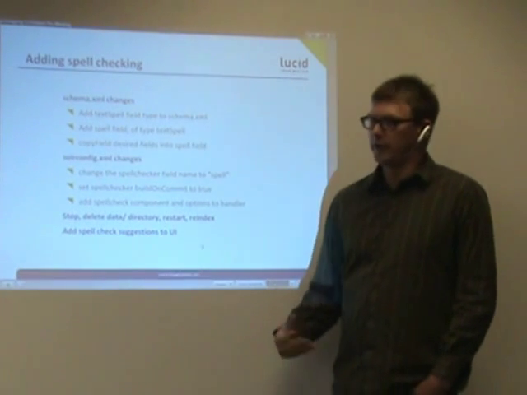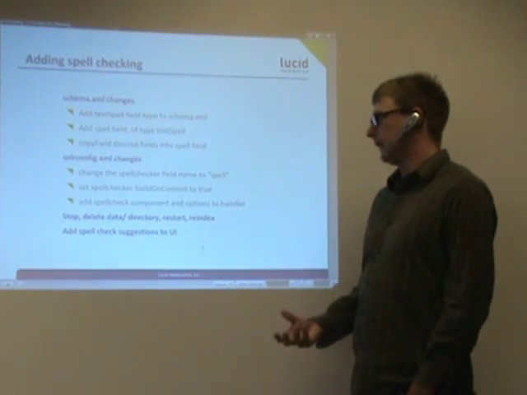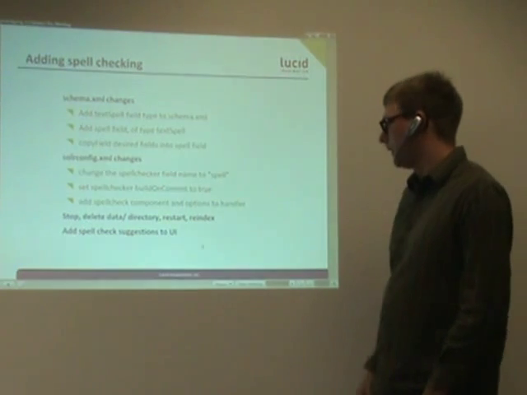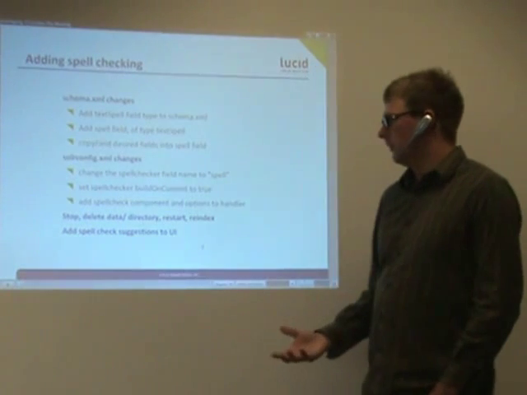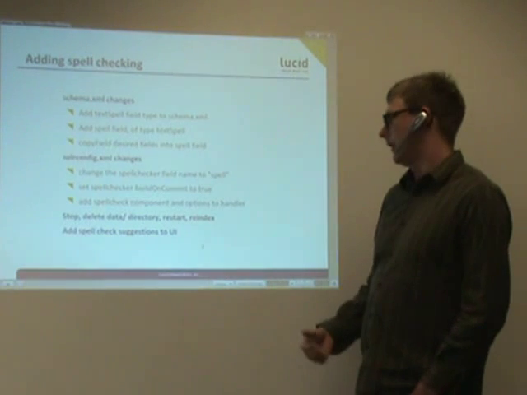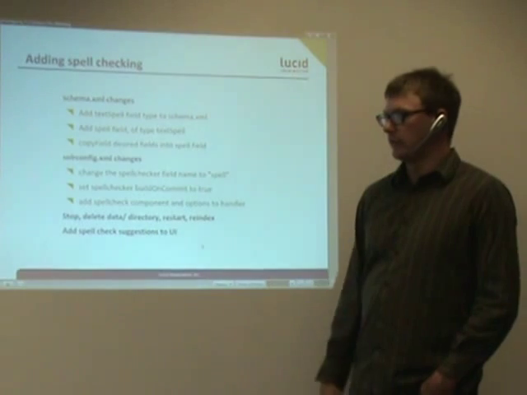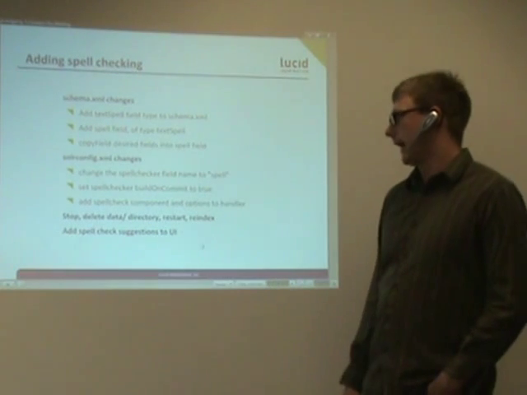And then for our particular request handler, that browse request handler that we're using, we are going to add the spell check component to it. And of course, as we've changed all of this configuration, we need to stop, delete the data directory, restart, reindex, and then we're going to tweak our user interface so that we get the spelling suggestions added to it.